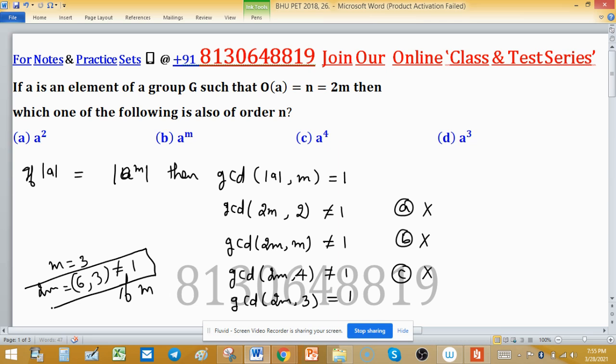So in that case this condition is not fulfilled here, but the other options are discarded, so the correct answer is option D. Also, because this is a finite group and a finite group has a fixed element order, m is not varying for element A, so this condition remains true and holds, so option D is correct.